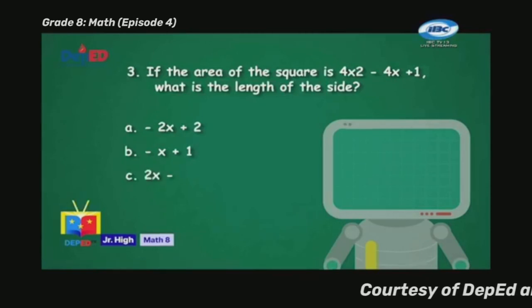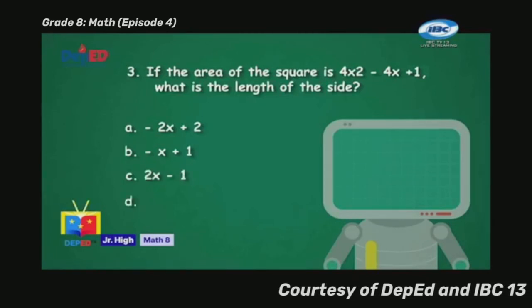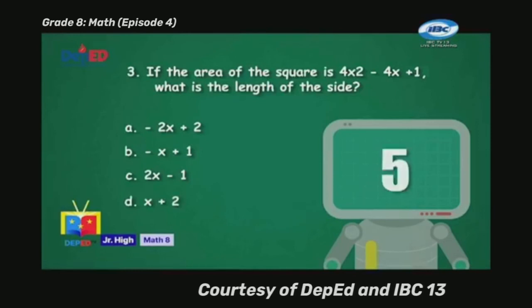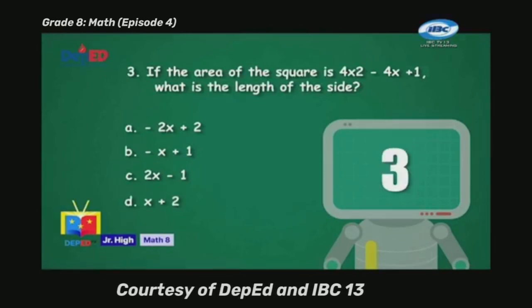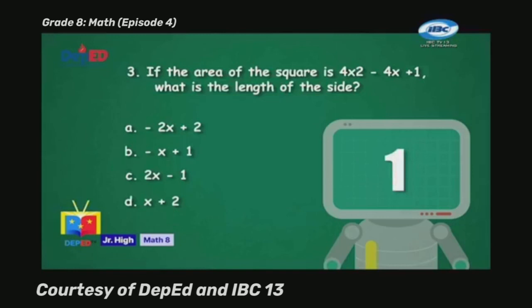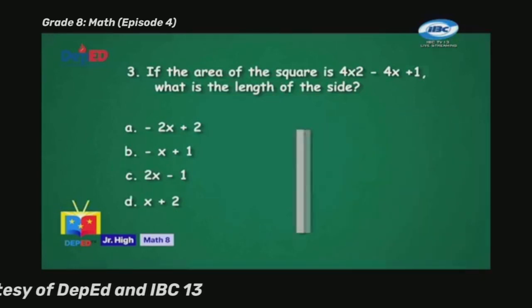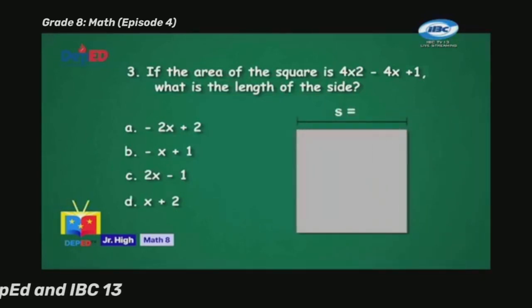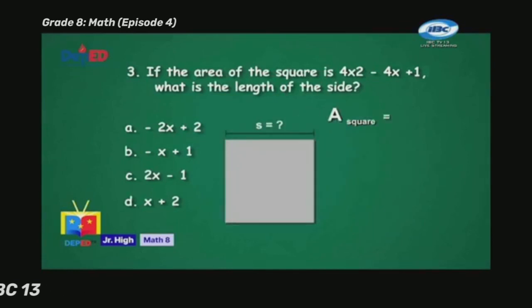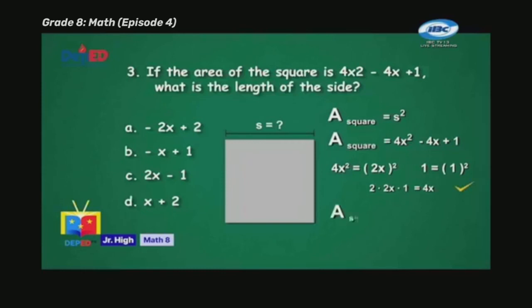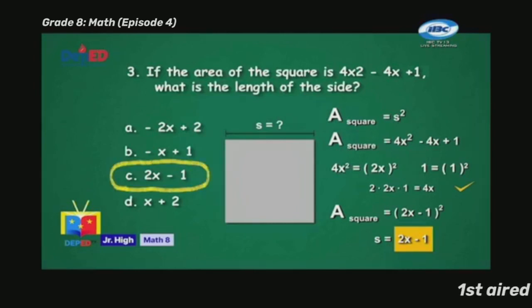C, 2x minus 1, or D, x plus 2? The correct answer is letter C. The side measures 2x minus 1.